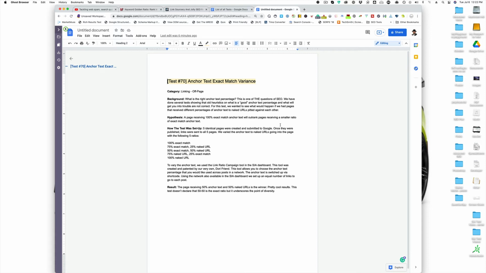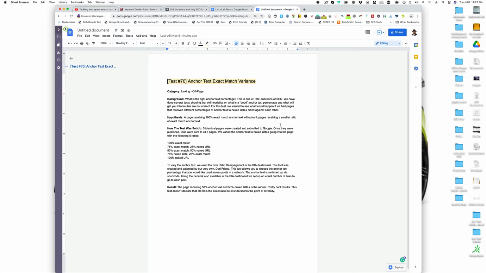The percentages of anchor text being used are probably going to have some closeness of range. There may be an outlier, but for the most part, those 10 pages are going to have similar link profiles. We're talking about the pages, not the domains.